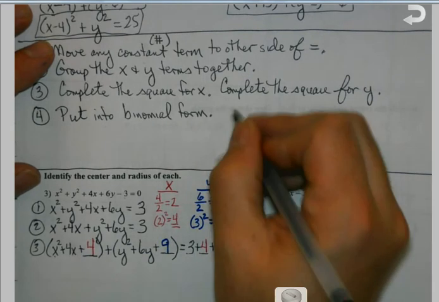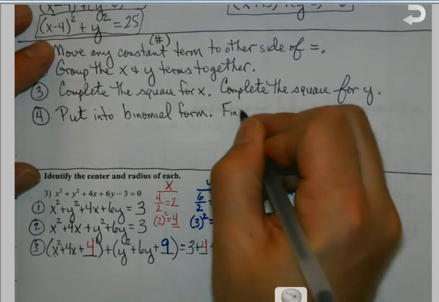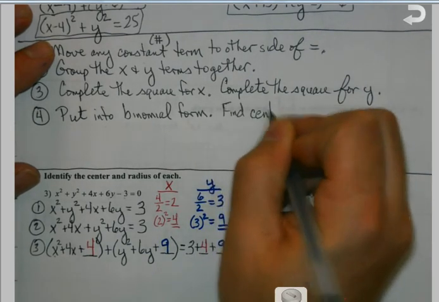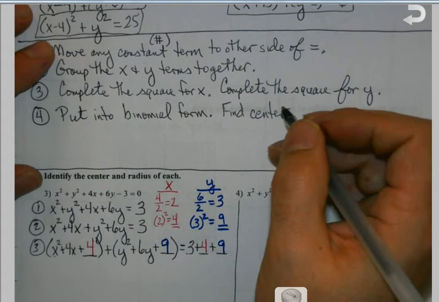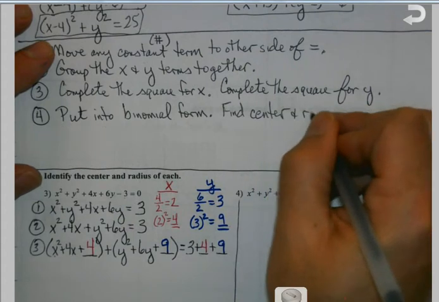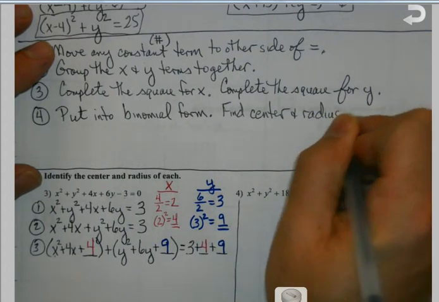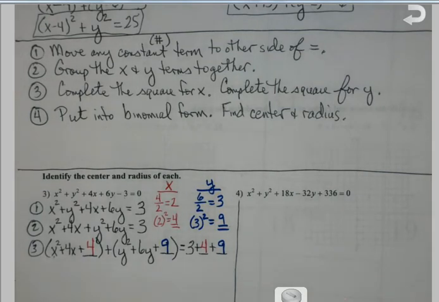And once I do that, I can find my center and my radius, sort of like what we did up above.